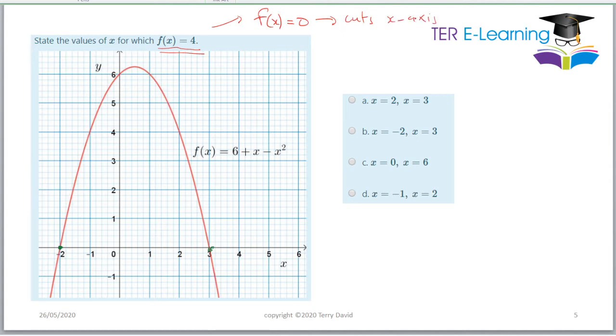F of x equal to 0, that's where it cuts the x-axis. But if you have f of x equal to some number, let's call it some number, so 5, 6, whatever. It's a number.